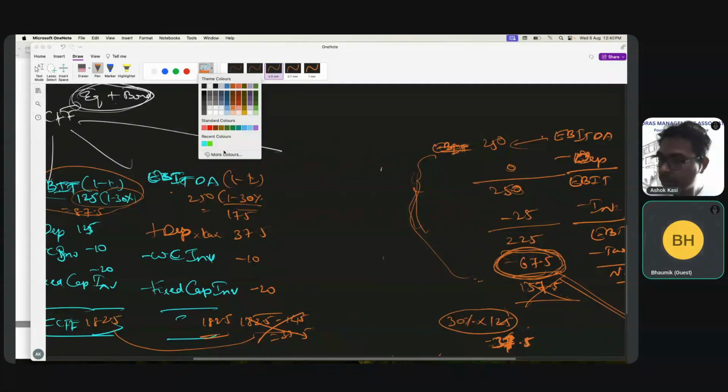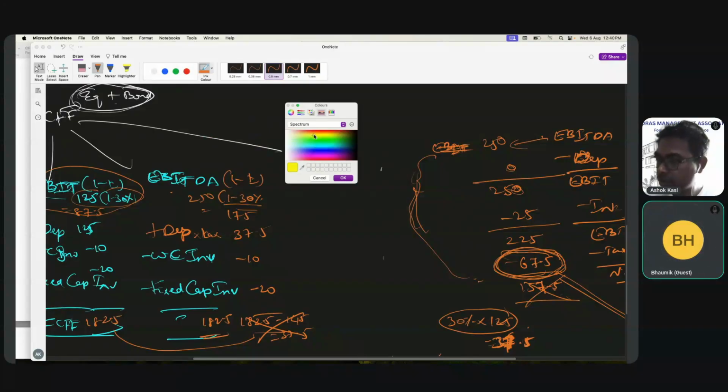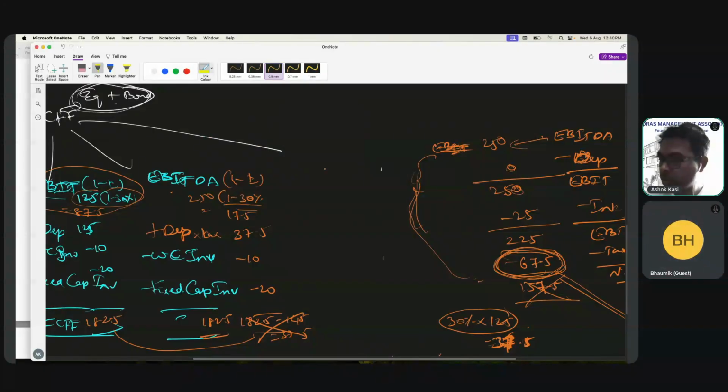Then the next one: CFO is another way. Cash flow from operations, that was also done in Level 1. In cash flow from operations, we have already taken care of working capital. So I need to reduce fixed capital investments.